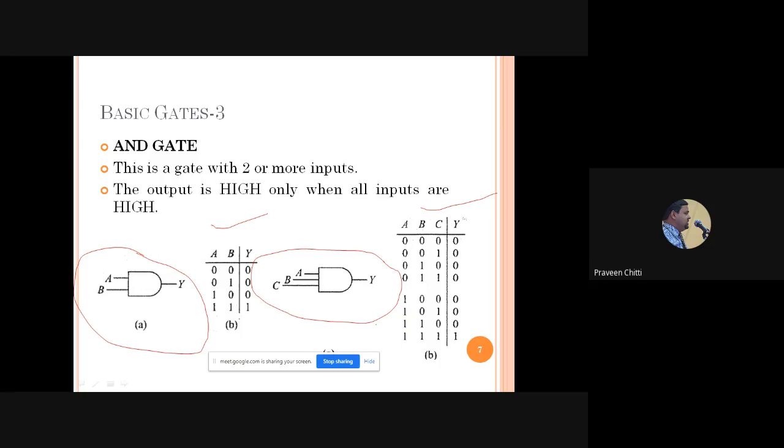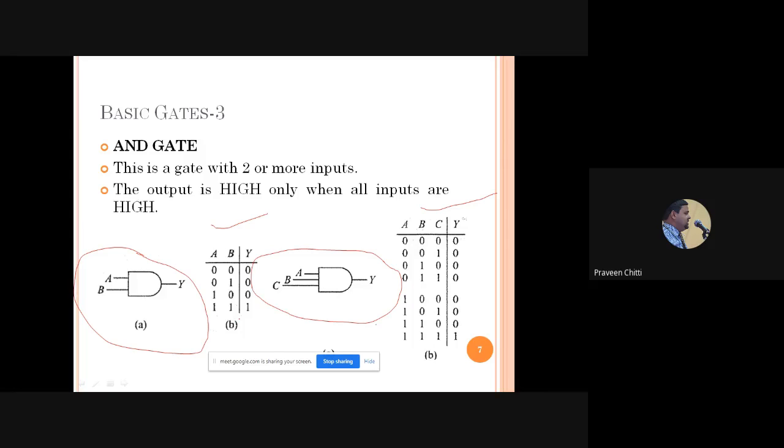We will not get any other combination with 2 inputs. Out of the 4 combinations, the first 3 input combinations give output as 0, and the last input combination where both the inputs A and B are 1, the output Y is high.